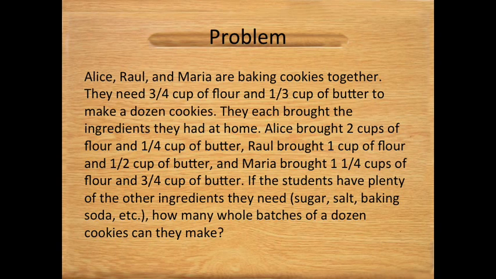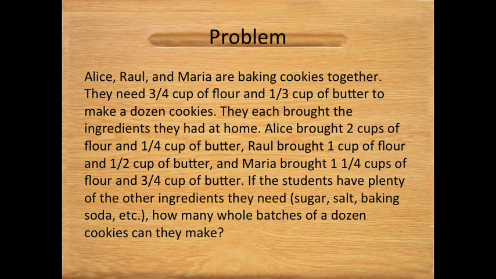Here's the problem. Alice, Raul, and Maria are baking cookies together. They need 3/4 cup of flour and 1/3 cup of butter to make a dozen cookies. They each brought the ingredients they had at home. Alice brought 2 cups of flour and 1/4 cup of butter.